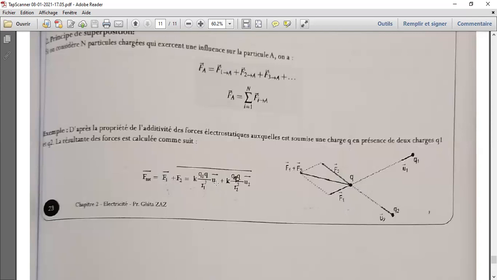You can write just U1, meaning you are starting from Q1 going to the other particle, or you can write U1 towards 2. It doesn't matter. What matters is what you put first, because that shows where you're going. For example, here they've just written vector U1, which means they're starting from Q1 going to Q.